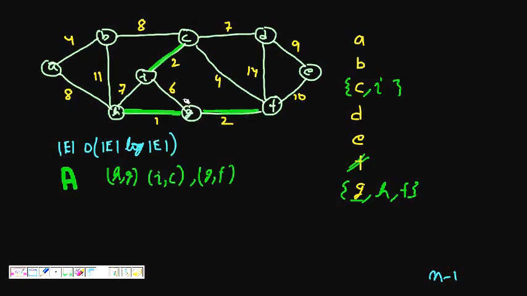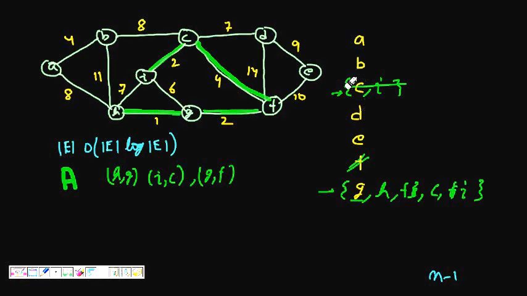Then we again look for the smallest edge, and we find CF is 4 and AB is 4, so we can take that one. C belongs to this set, F belongs to that one, they are not the same set, so I can include CF. They now become the same set.